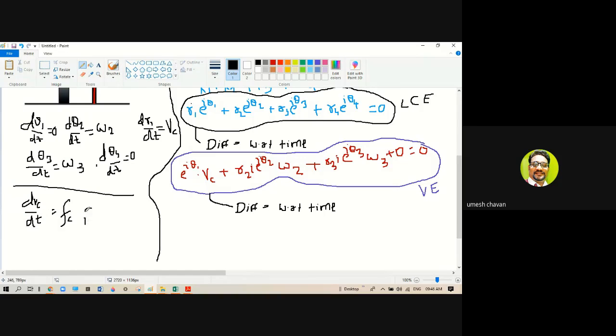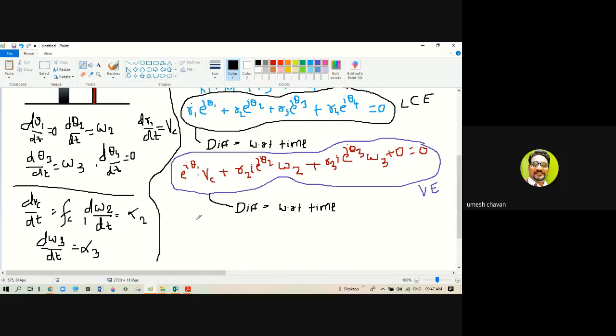Omega 2 is going to change. So d omega 2 by dt, you call this alpha 2, angular acceleration, because that is an oscillating link. Then d omega 3 by dt is alpha 3. Vc is changing, r2 is constant, theta 2 is changing, r3 is constant, theta 3 is changing, omega 3 is changing.